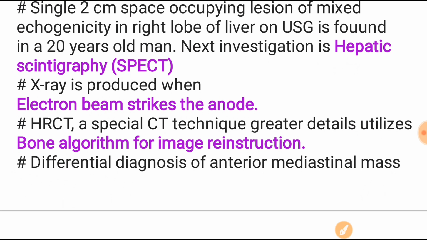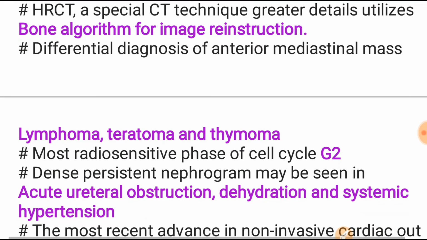X-ray is produced when an electron beam strikes the anode. HRCT, a special CT technique with greater detail, utilizes bone algorithm for image reconstruction. Differential diagnosis of anterior mediastinal mass is lymphoma, teratoma, and thymoma.